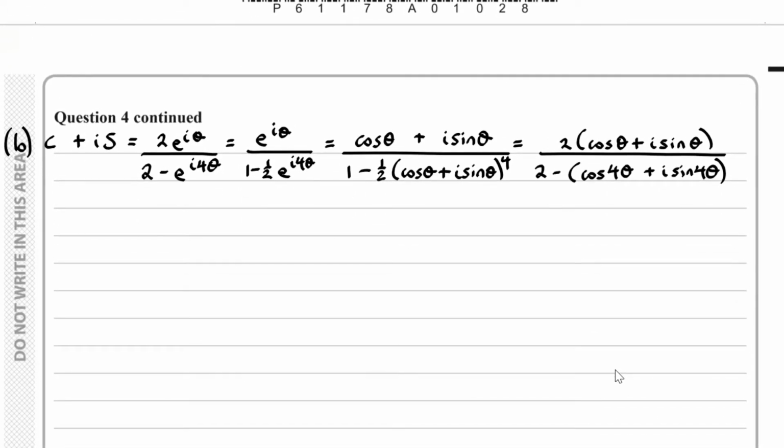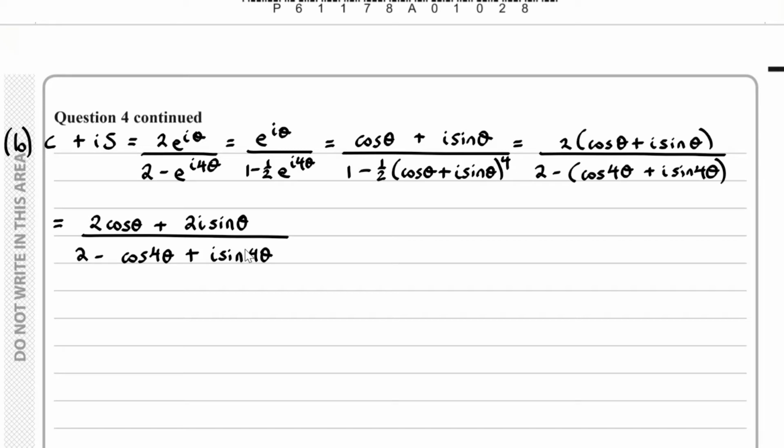And if we expand the brackets on the top, we have 2 cos theta plus 2i sine theta, and on the bottom we have 2 minus (cos 4 theta plus i sine of 4 theta).